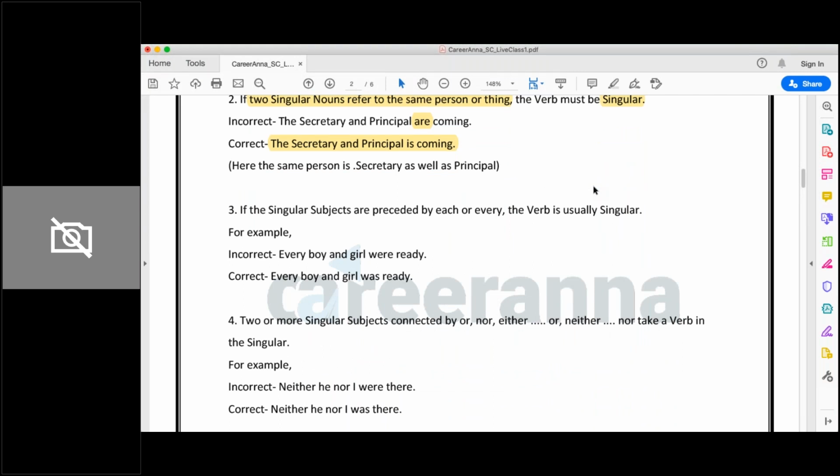Now, moving to rule number 3. Every time you find words like "each" or "every" before singular subjects which are connected with the word "and," you will always use the singular form of the verb and not the plural form.